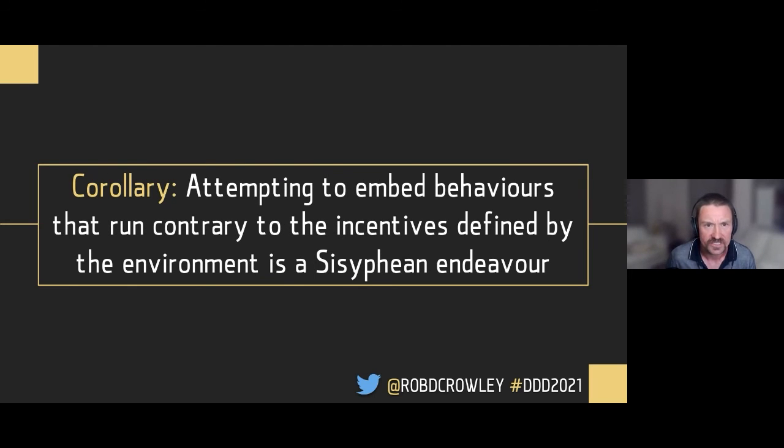And as a corollary to that, attempting to embed behaviors that run contrary to the metrics or OKRs or time-based goals defined in your organization is doomed to fail. Because if people are going to get a reward, either in terms of a bonus or otherwise, defined by a certain set of metrics, and you expect them to behave differently, that's not going to work.